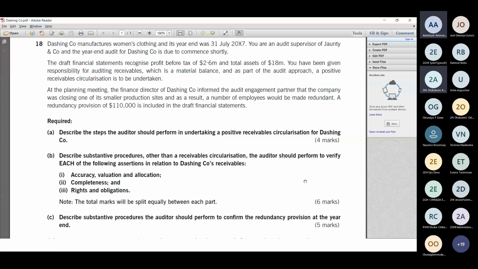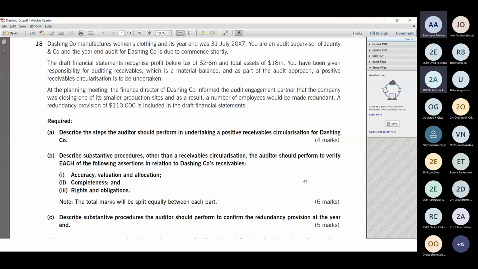I don't even know where to start. Start from somewhere, because they've already started. So I would say that since it is material, then we need to modify the opinion. Or we can't.